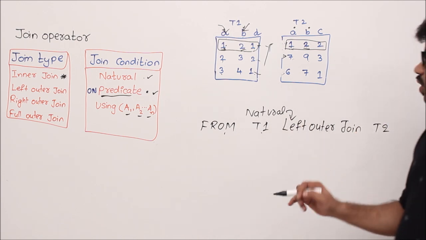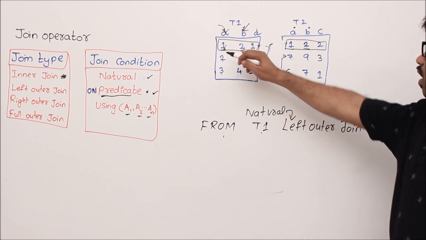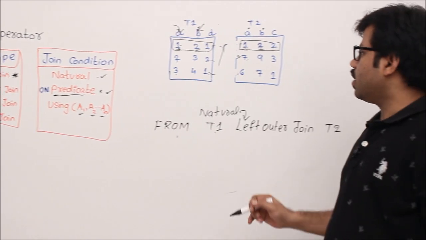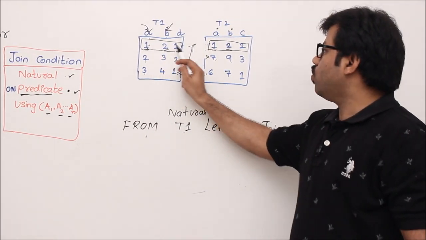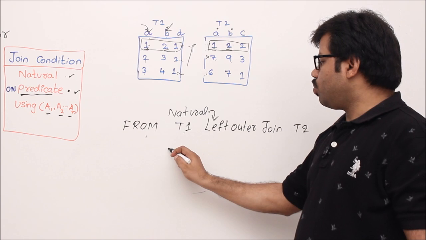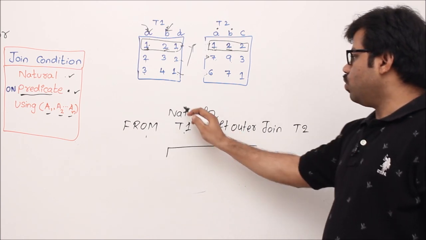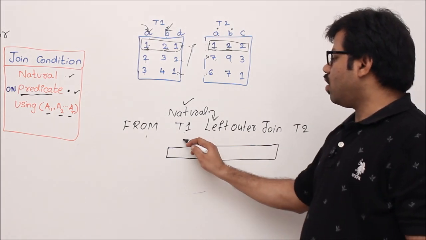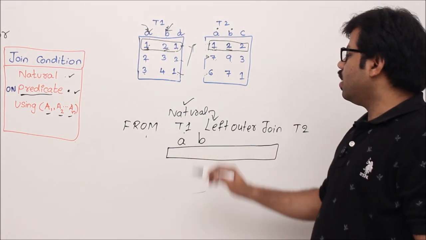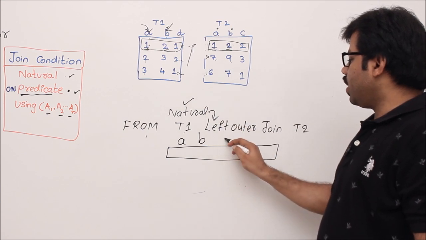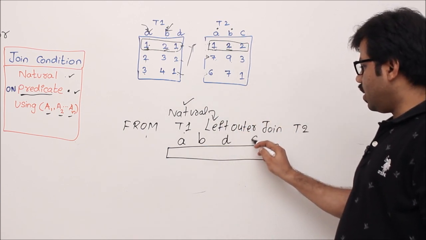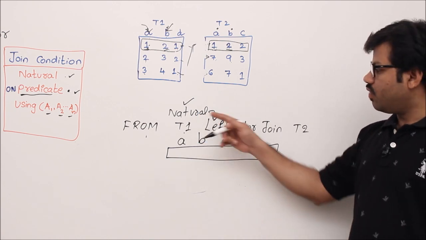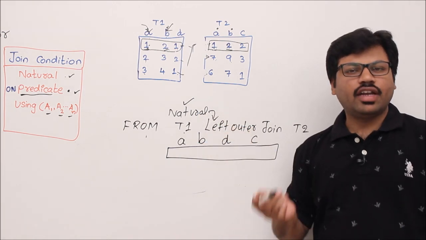When you do that, common columns will be automatically equated. See here, the data is 1, 1 versus 1, 2. Then the output, because you wrote natural, will have common columns written only one time. What are the common columns? A comma B, correct? After that the extra column here is D, and the extra column there is C. Now, what is the difference between natural inner join and natural outer join?